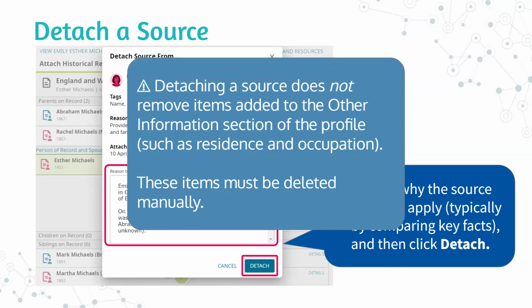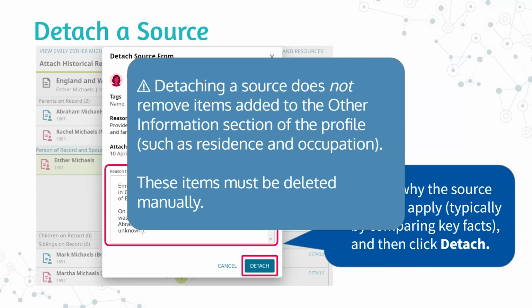You've noticed as we've looked at Source Linker that you can add information. Remember those green circled plus marks. You can add information to the profile that ends up in the other information section. Let's say the person who attached this wrong source added a residence when they attached the source in Source Linker.